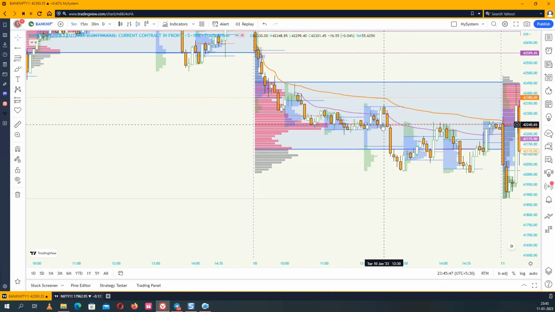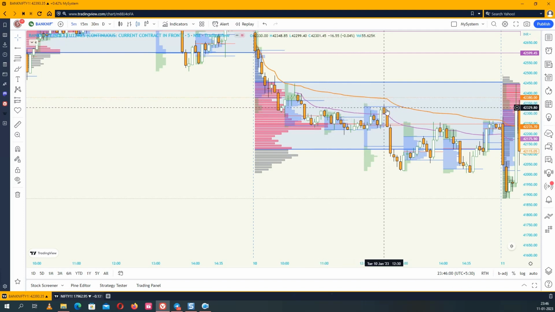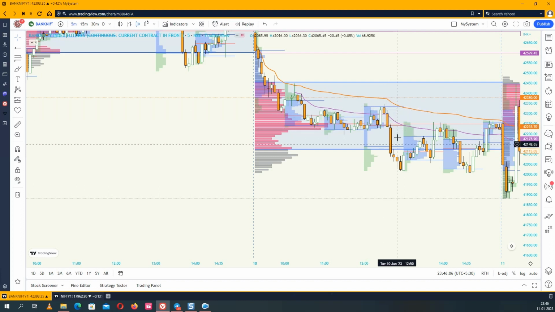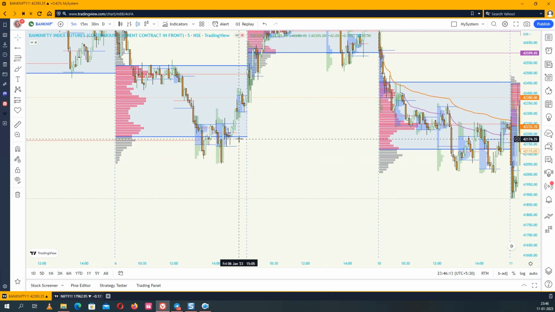The market went above with this wide range bar, and this was my point of interest zone, but subsequently the market rejected that zone, and again we had another nice down imbalance move, and in that move the market already hit my target, correct?